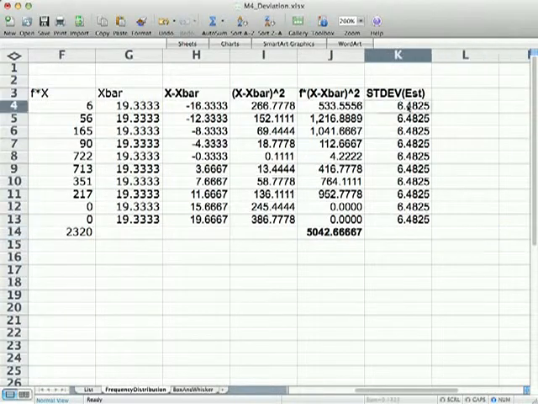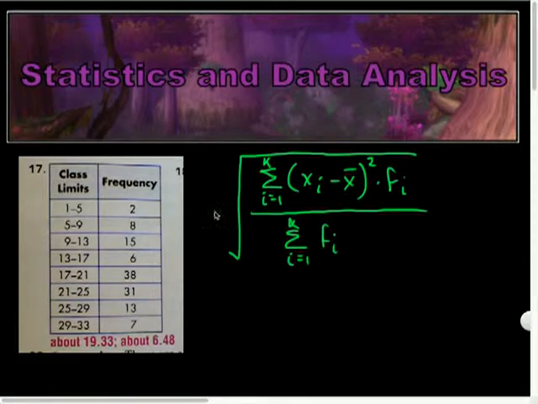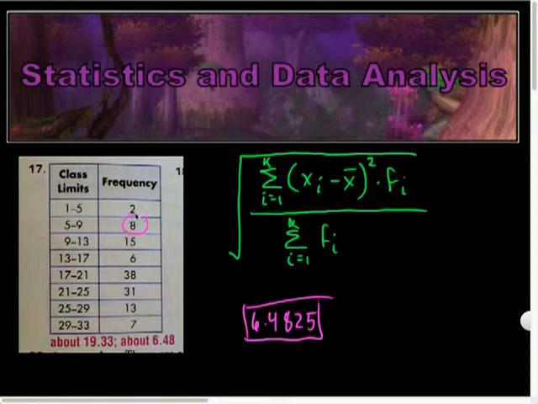So I've done that, and here is my estimated standard deviation. 6.4825 is my approximated standard deviation right there, and it's an approximation for a frequency distribution primarily because for these 8 values in this class, let's say, I didn't know whether some of those were 5, some of those were 8, some of them could have been 7.